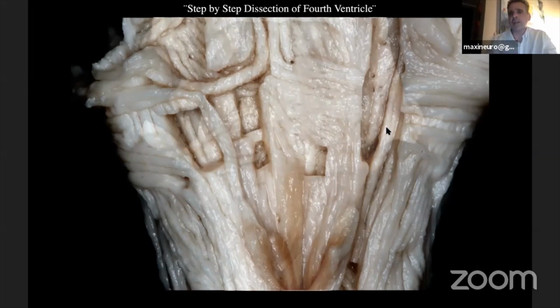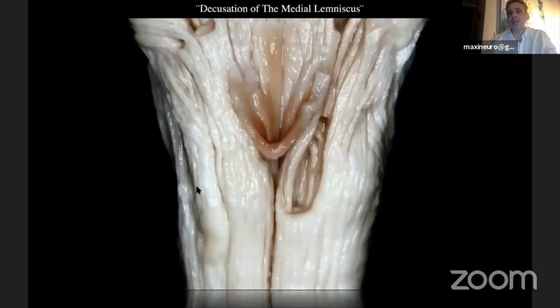To finish, these fibers come from the tuberculum gracilis and cuneatus. I remove these superficial layers just to discover these fibers coming from the cuneatus and gracilis nucleus and reaching the ventral portion at the level of the obex, anterior to the obex, anterior to the gray matter at the level of the medulla oblongata, and behind the pyramid.